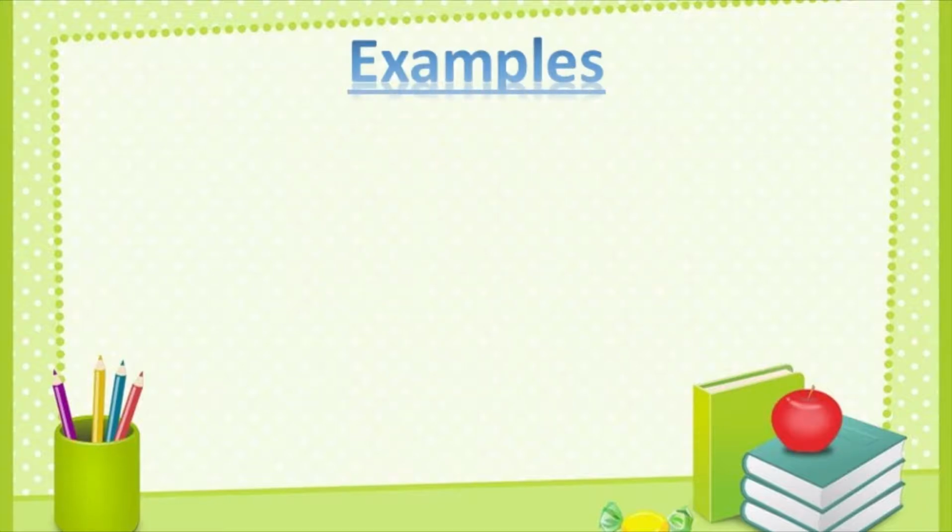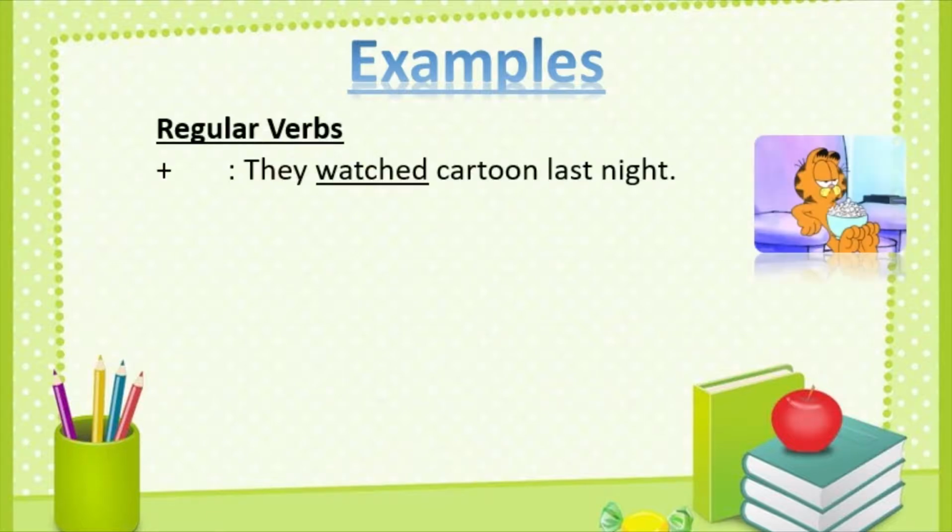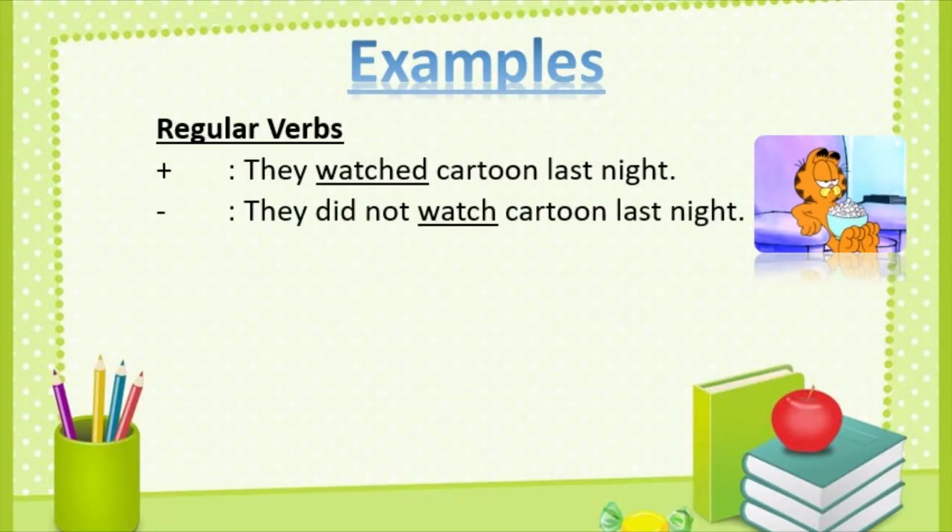I'm going to start showing you the regular verb sentences. From the positive sentence, they watched cartoon last night. The verb is in past tense form. And the negative. They did not watch cartoon last night. You see the difference between the positive and the negative verb?